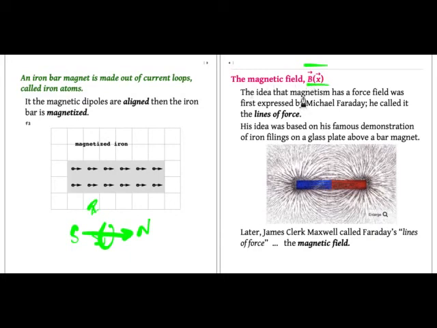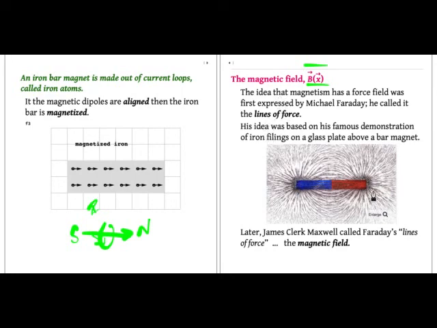The idea that magnetism has a force field was first expressed by Michael Faraday, the great scientist of the early 19th century. He called it lines of force. And his idea was based on a famous demonstration that he developed.